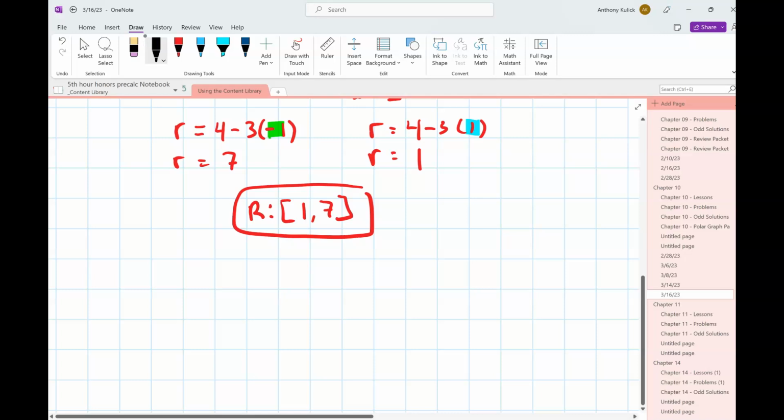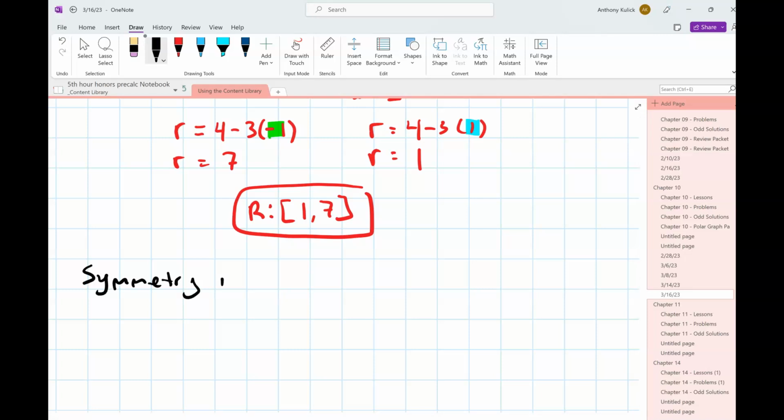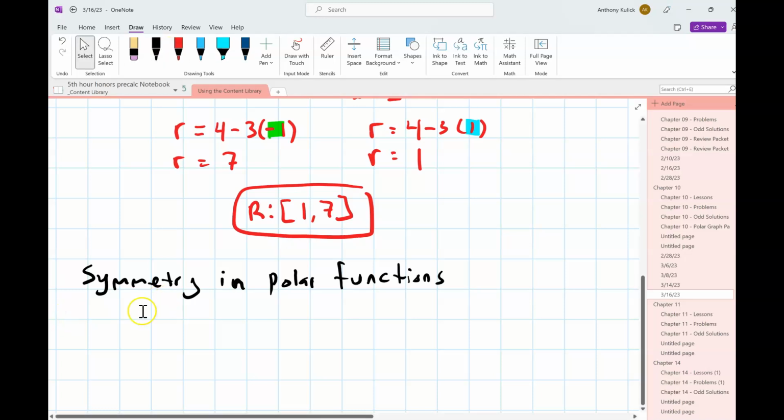The next thing we're going to talk about is symmetries in these polar functions. So if you remember way back in first semester, there were 3 types of symmetries we talked about. Right?